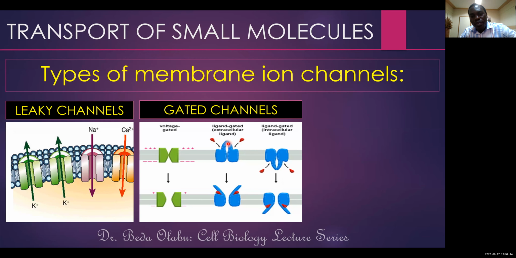That is the second type of gated channels we're talking about. The third type of gated channels, not in these images, are channels which are opened by mechanical disturbance. If there is some mechanical disturbance on the cell membrane that reaches a particular threshold, it may open some channels. So we call those channels mechanically gated channels.